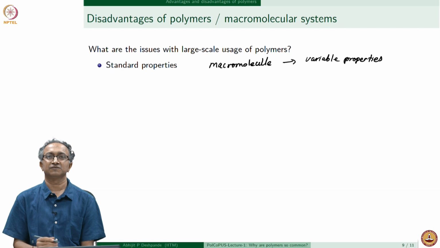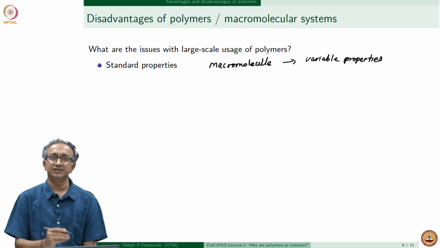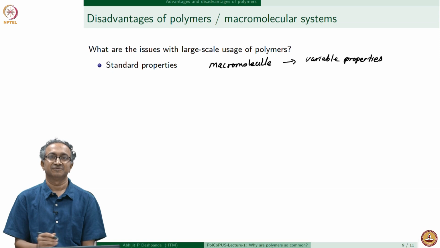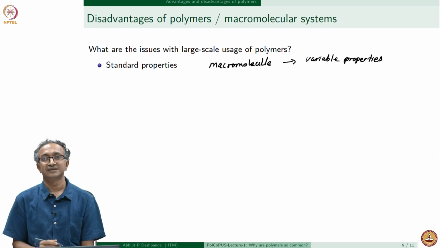There are so many features of polyethylenes in terms of molecular structure, molecular weight, in terms of the distribution of molecular weight. So all these features are possible to be varied, and that's why you can get polyethylene which is rigid, polyethylene which is flexible, and therefore it's difficult to get standardized properties.